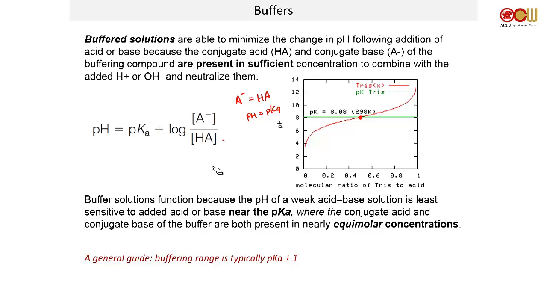Small fluctuation, like you add a little bit of HCl, it will not change too much of your pH. Why? Because let's say you have A- equal to HA, right, initially, and then you add a little bit of HCl. What do you make more, A- or HA? HA, right?